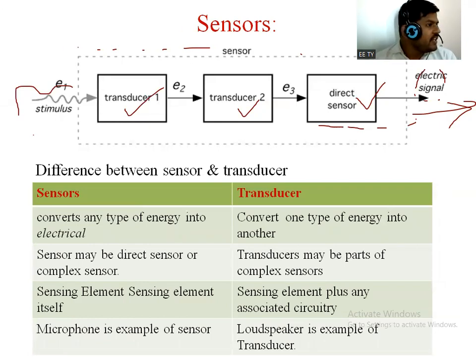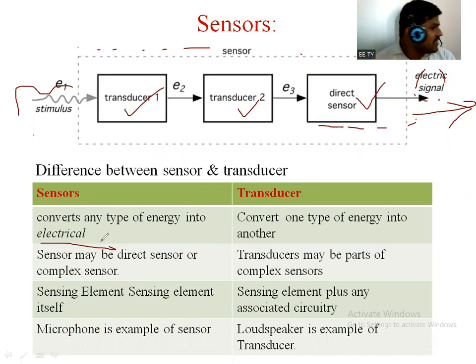One type of energy into another type of energy can be done by using a transducer, and the sensor will convert any type of energy into an electrical one. So the specific word used here is electrical, right?